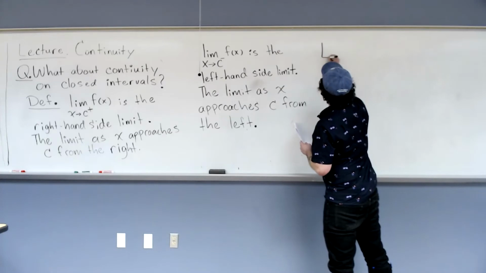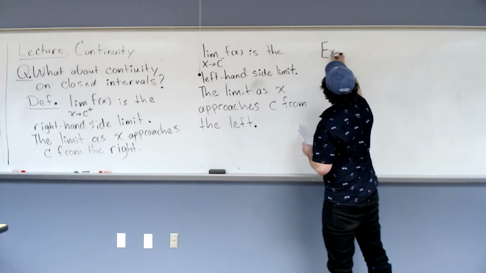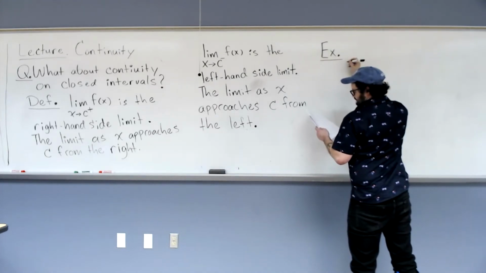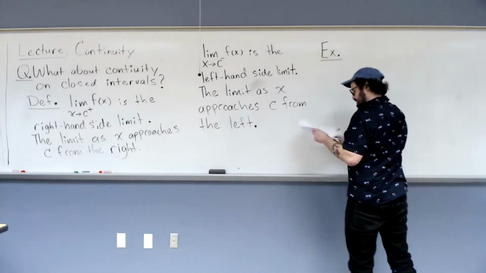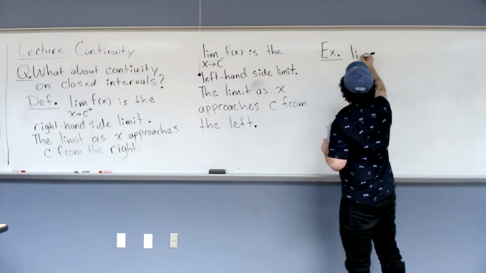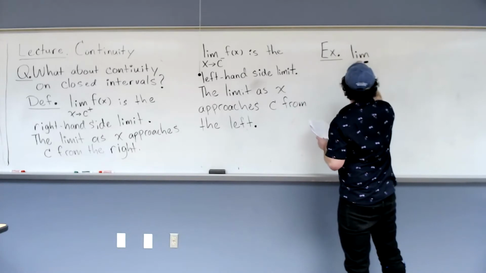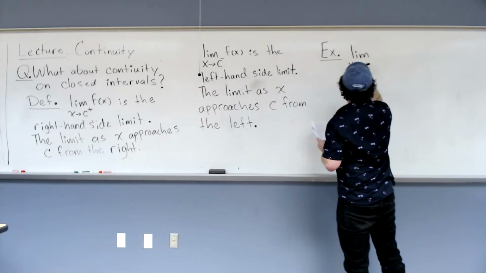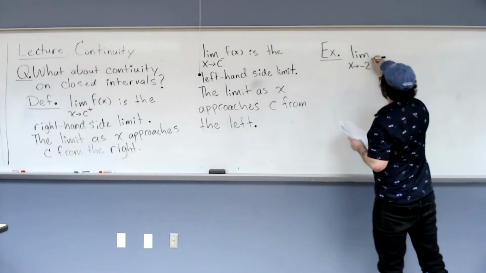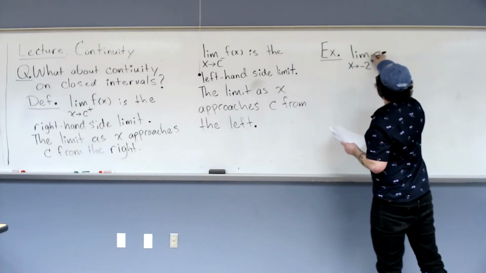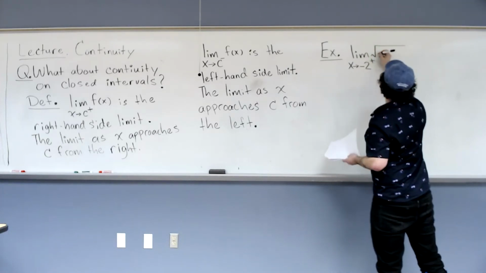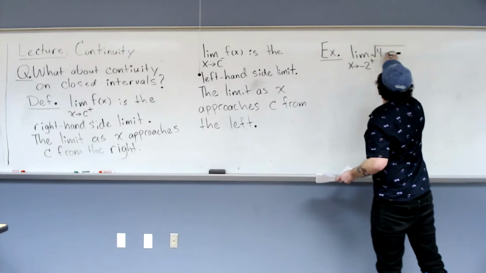So, example. Let's look at the limit as x approaches -2 from the right of the function square root of 4 minus x squared.